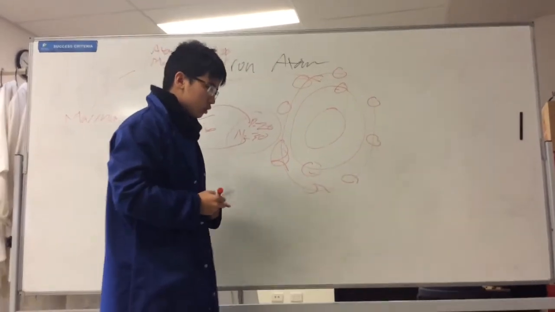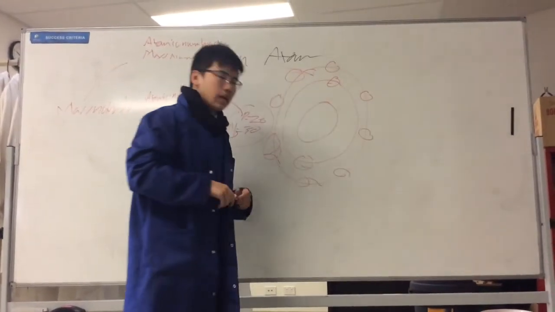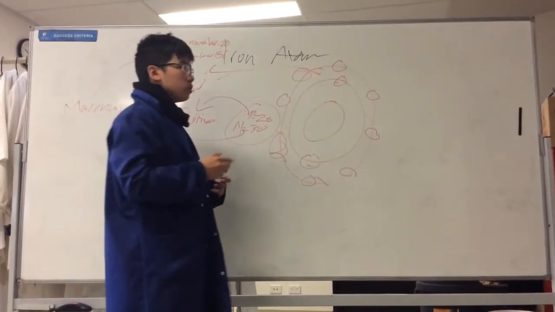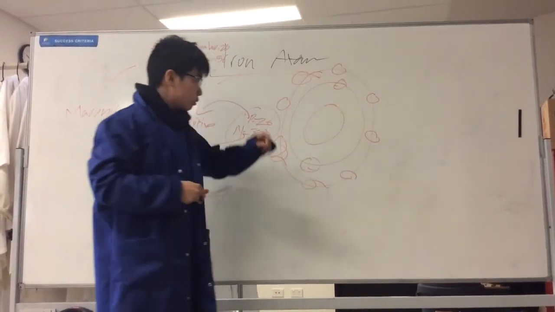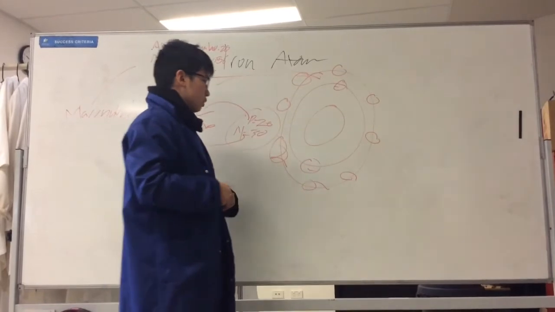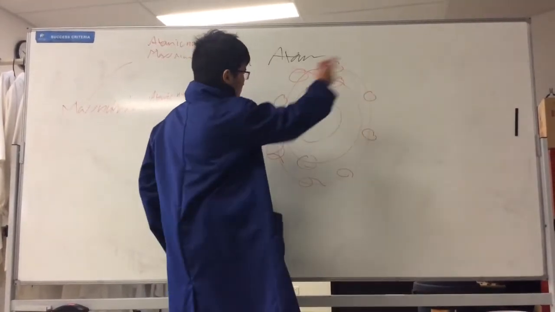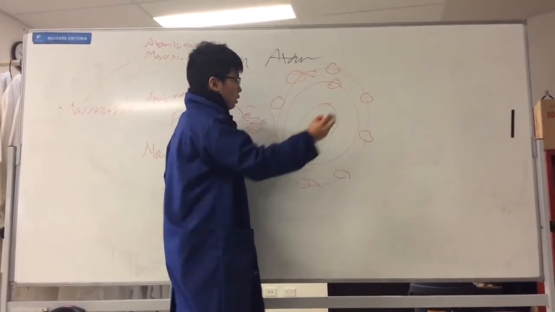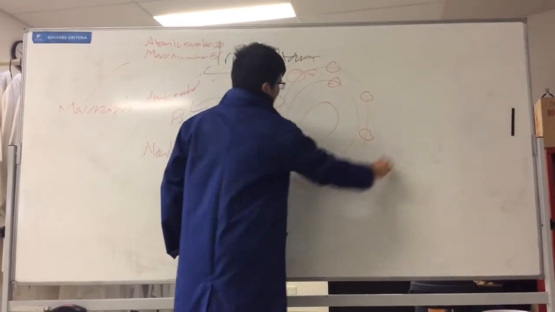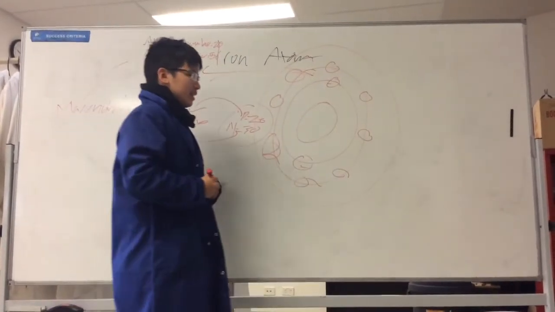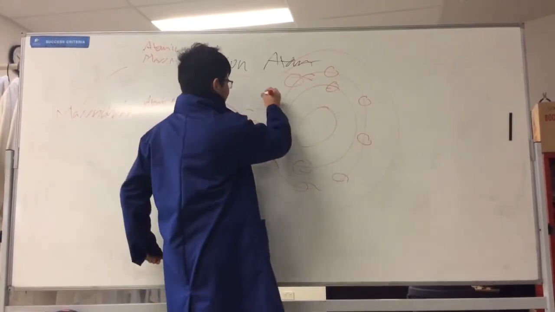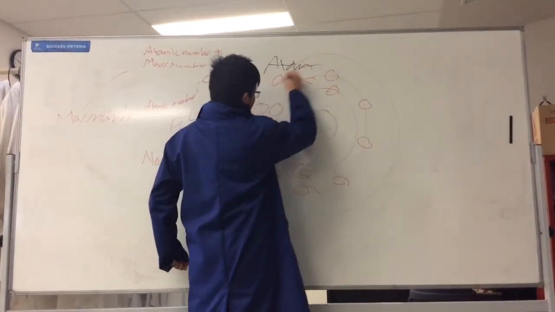So the electron configuration should be 2, 8, 18, and 32. So we already got 10 there. So we should put about 16. There we go. Yeah. Put it there.